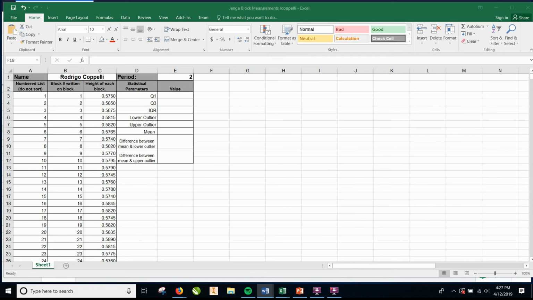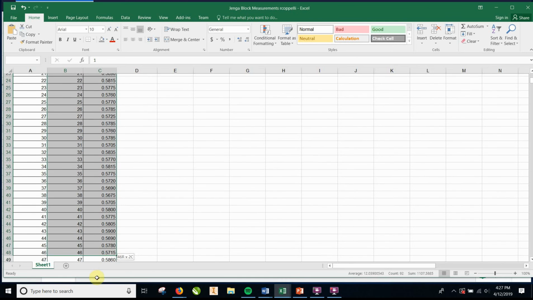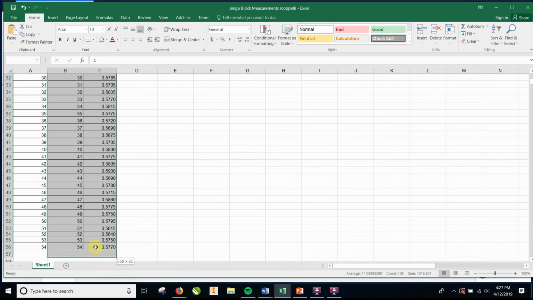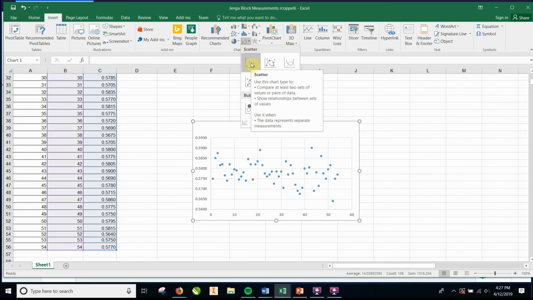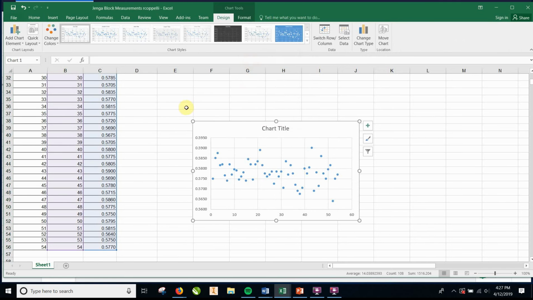For the first one, it says make a scatter plot of your height and the block number. So I'm going to go ahead and do that. First thing I'm going to do is highlight the values up to 54. I'm going to go to insert, and under recommended charts, I'm going to click scatter plot, just a basic scatter plot like this.